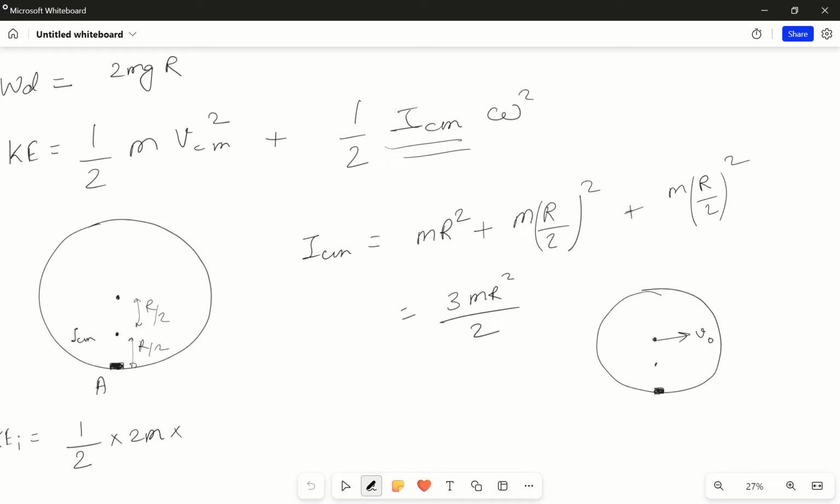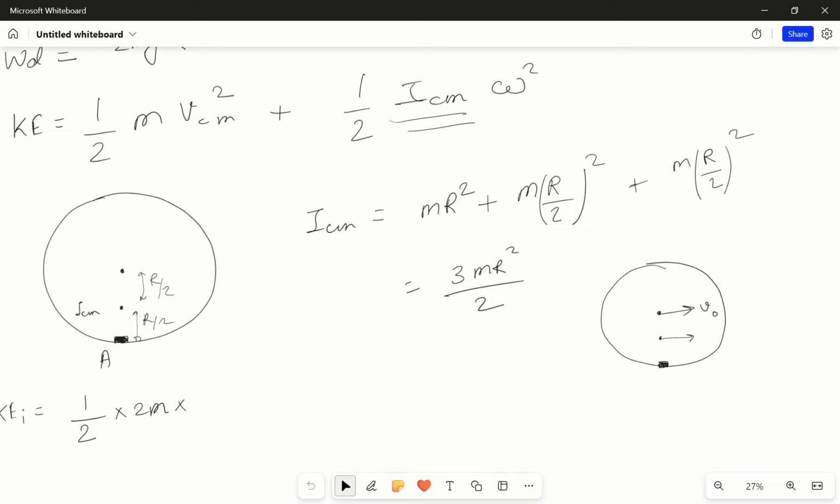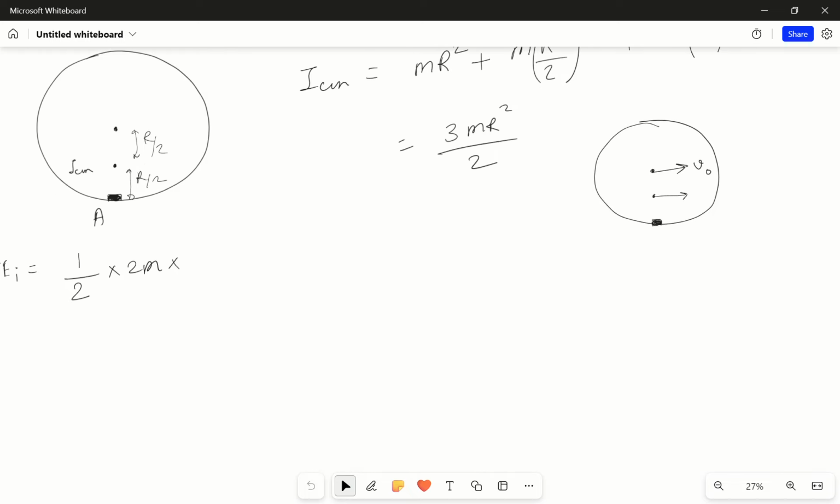So what would be the velocity of the center of mass? Its velocity would be v naught minus omega r/2, right?